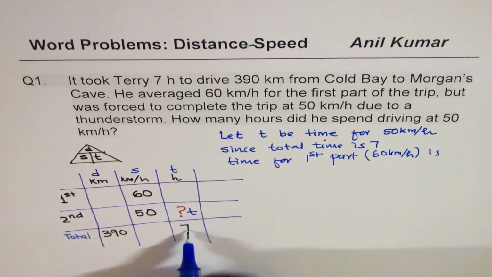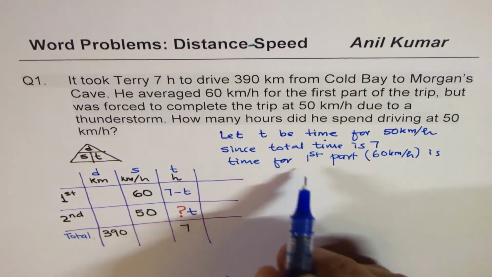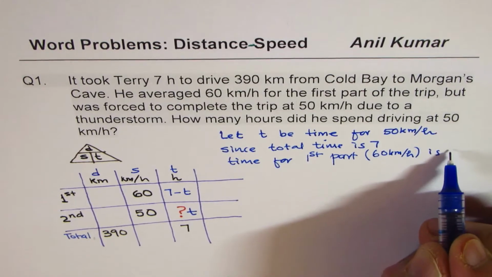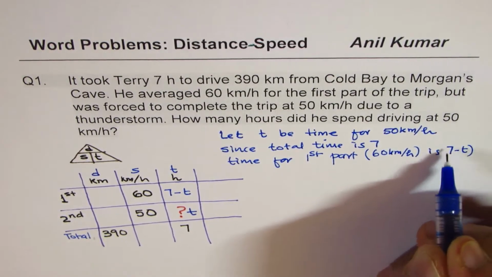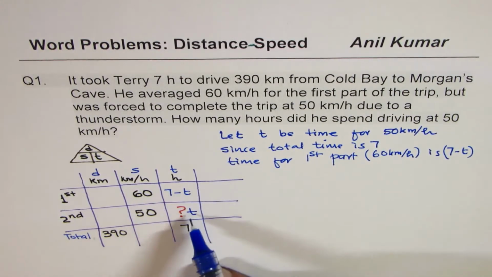If this is t, and total is 7, this has to be 7 minus t. Does it make sense to you? So the time for the first part is 7 minus t.